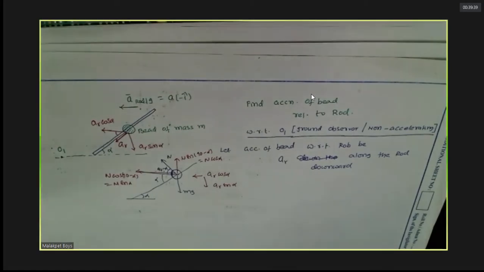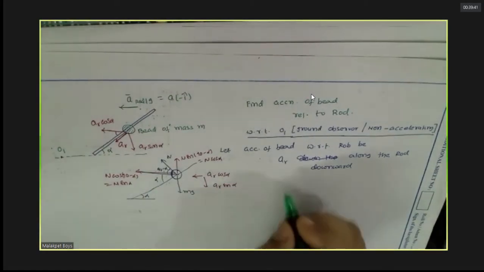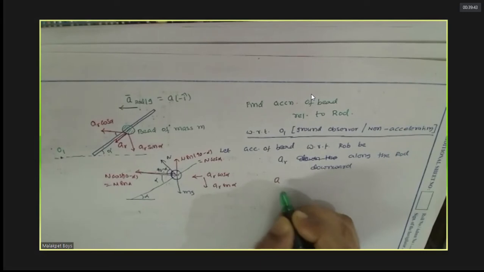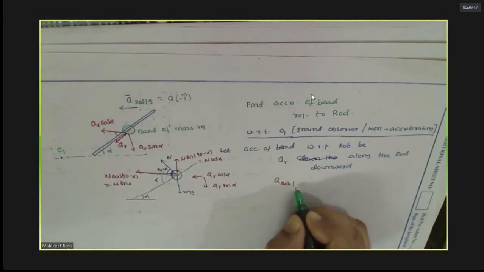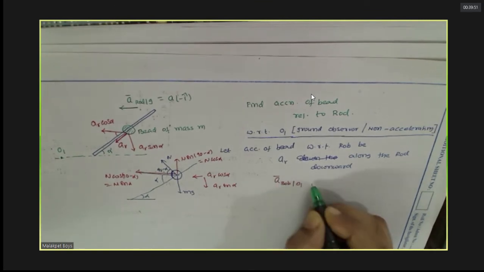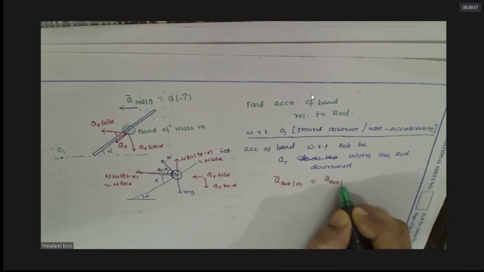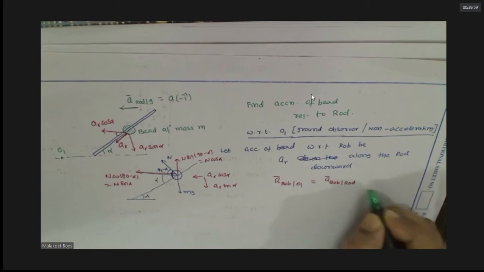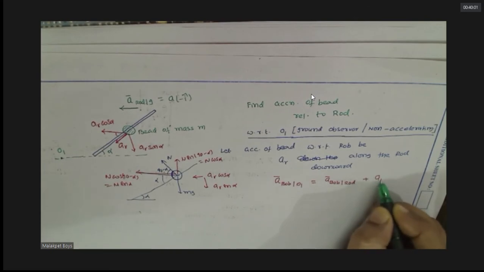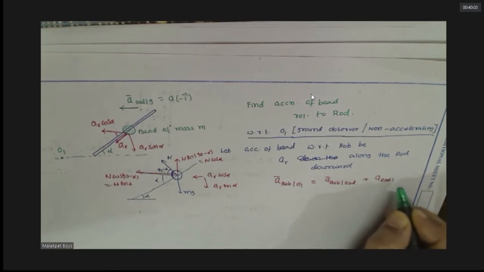Now, who is the observer? We have to find the acceleration of the bob with respect to the rod. Do you agree with this?